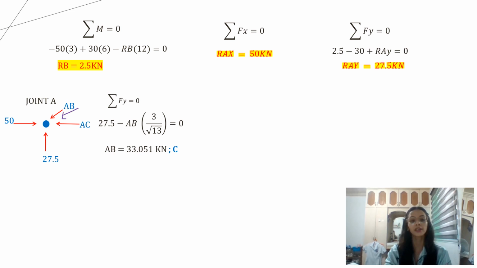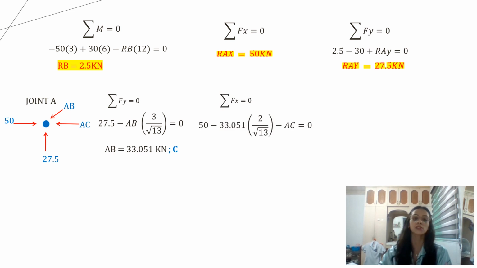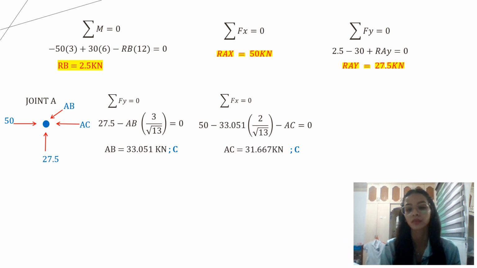So our summation of Fx is 50 minus our AB times our slope, which is 2 over square root of 13, minus AC. So our AC is equal to 31.667.